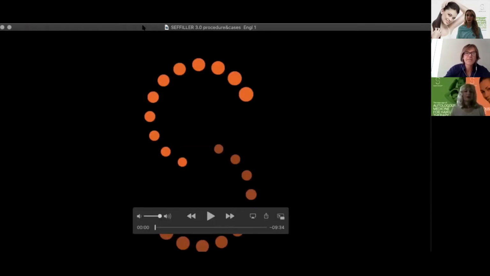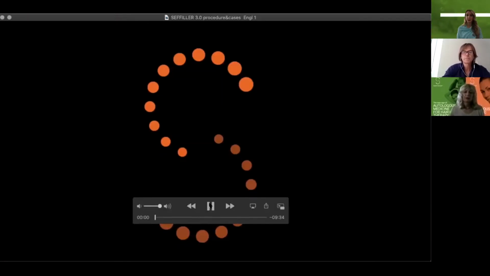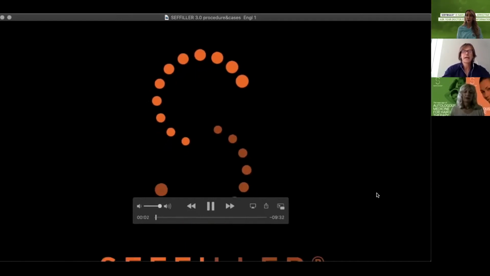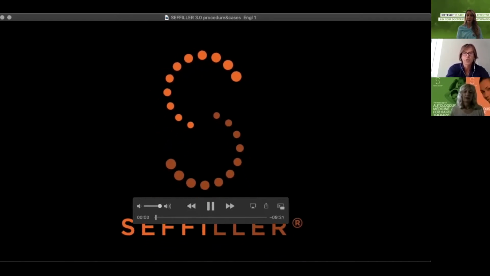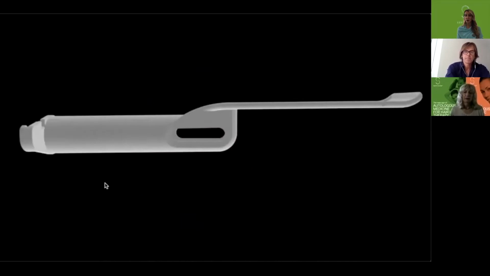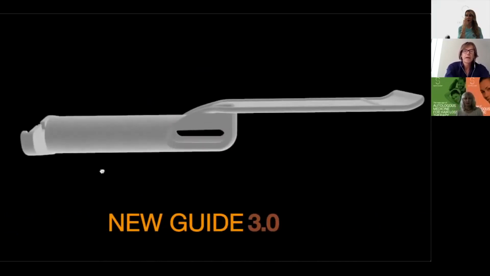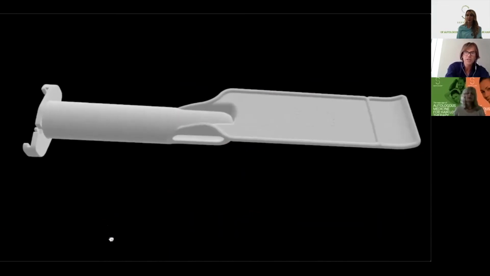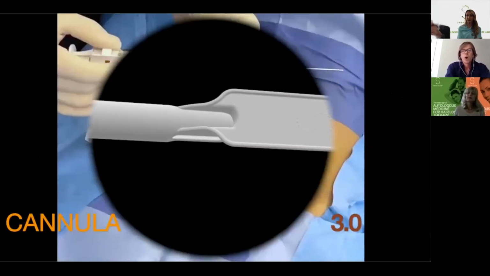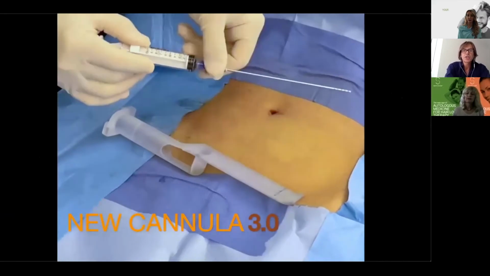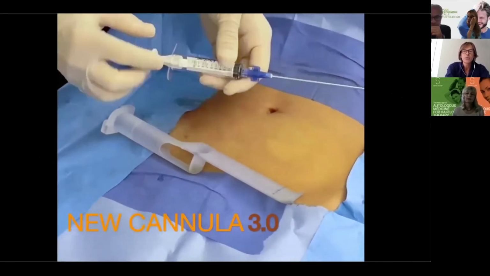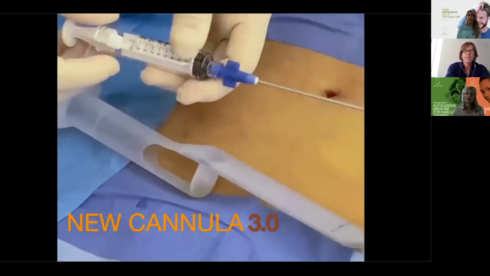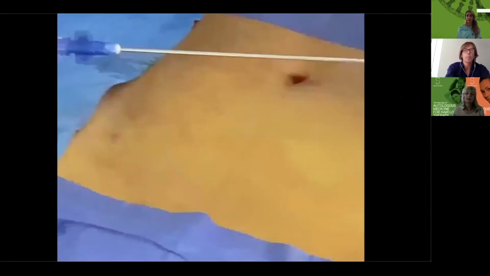This is the video of the procedure. I can explain to you the whole SEFFILLER procedure. This is the new guide. I already presented the upgrades of this guide. Of course, you have to connect the cannula to the harvesting syringe with the auto-lock plunger.